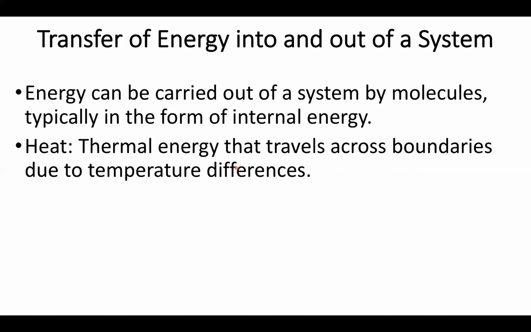Next major one that we've addressed in some previous classes is this idea of heat. This is essentially thermal energy. So this is going to be things such as the random kinetic movement of molecules, which we typically think of as temperature. And heat is specifically the movement of that energy based on temperature differences.